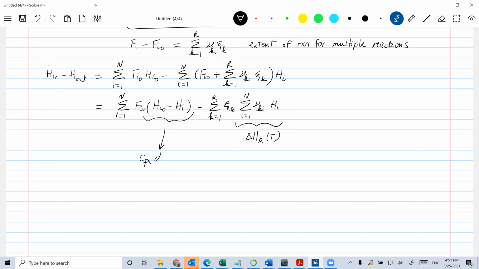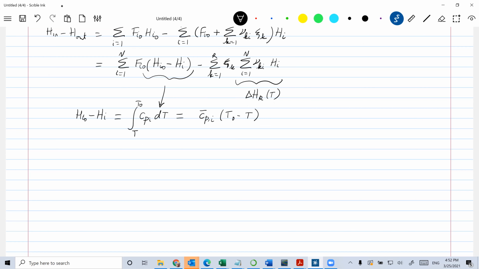So Hi naught minus Hi is the integral from T to T naught of molar heat capacities times dT, or if you have an average molar heat capacity that doesn't change with temperature, which is often what we're going to have, we can calculate it as T naught minus T. We can have it outside of the integral because it's an average molar heat capacity. So that leads us to the actual equation, the energy balance that we are going to further simplify for different systems.